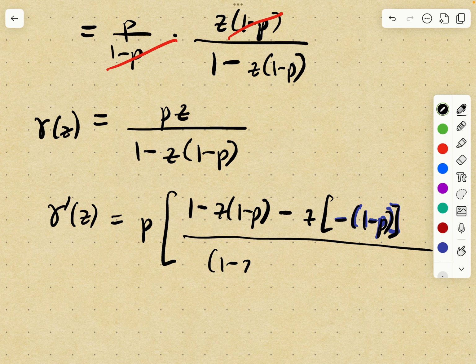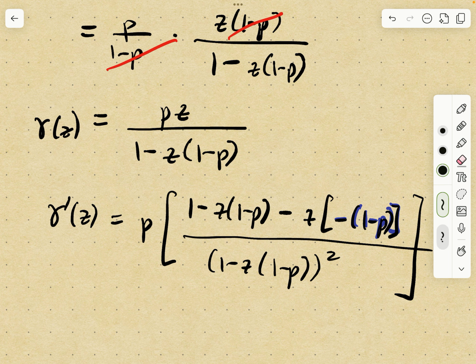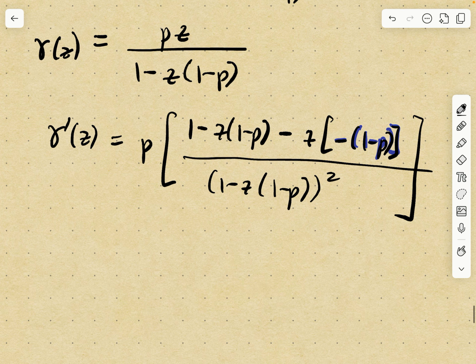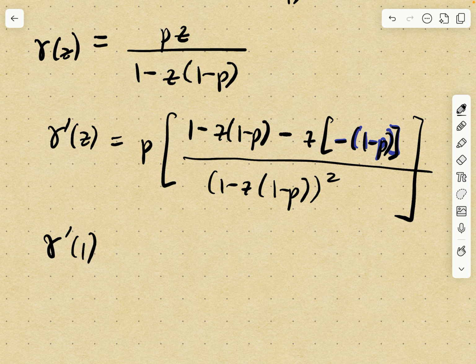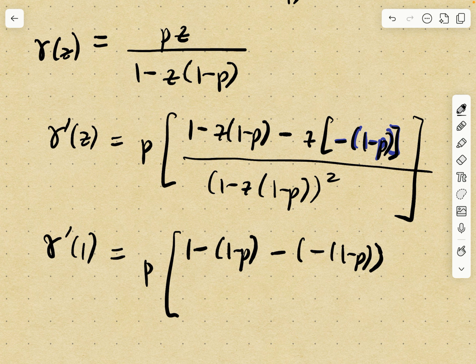All over the denominator squared. So now we plug in 1, and we're going to get 1 minus (1 minus p), minus negative (1 minus p), over (1 minus (1 minus p)) squared.